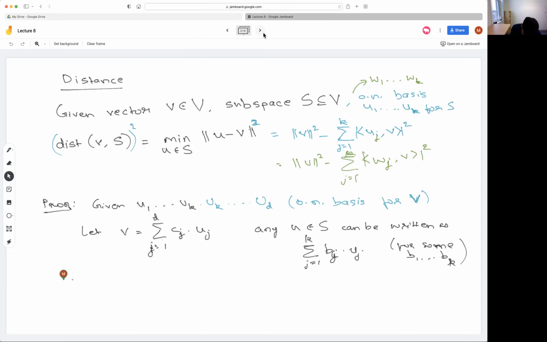Let's write down what V minus U is. It's a summation. For the first K terms, we get Cj minus Bj times Uj, plus, for the other terms, we just get Cj. Because the B's are only coefficients for the first K, because U1 to UK are what span the subspace, and U has to be in the subspace.